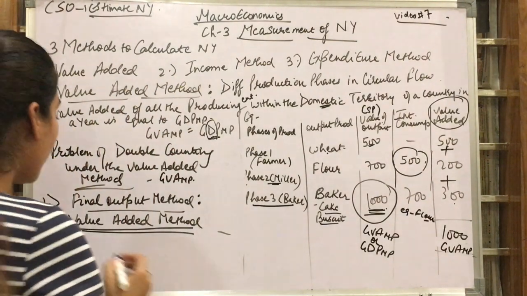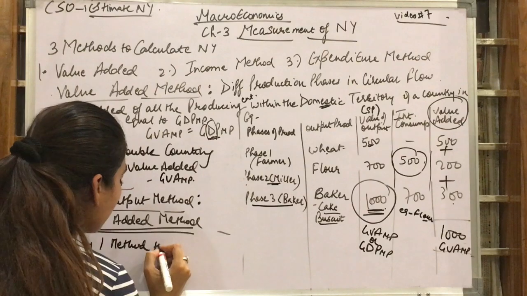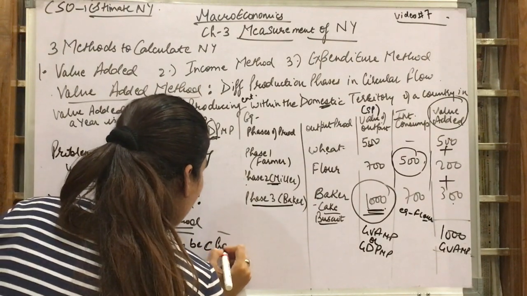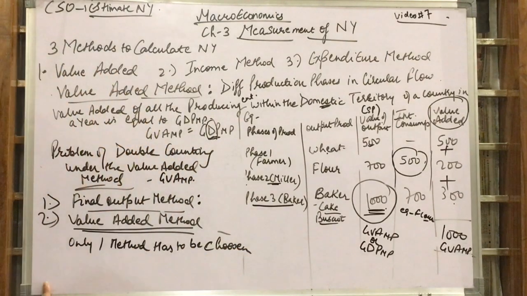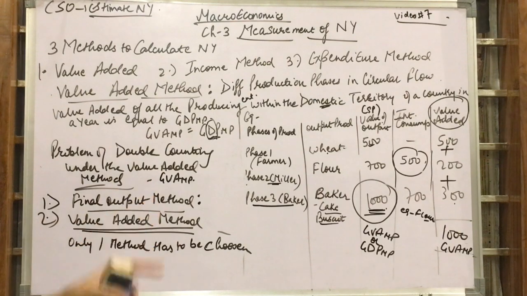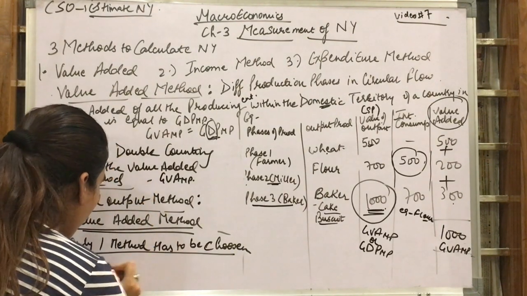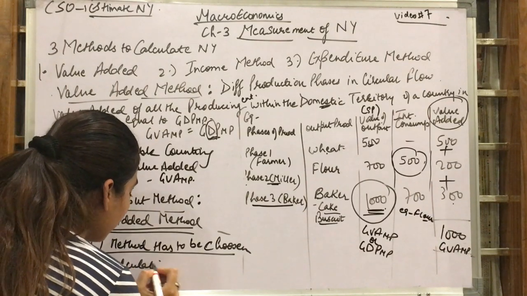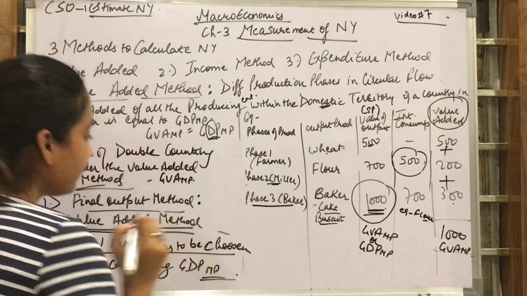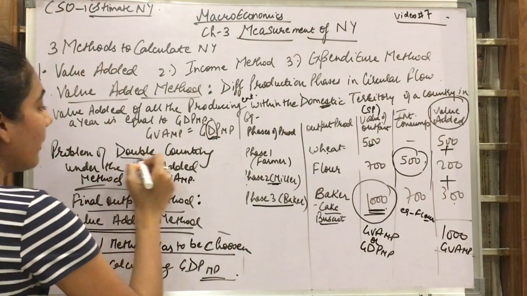Always remember, only one method has to be chosen. You have to choose only one method for calculating the gross value added at the market price, or the gross domestic product at the market price. You cannot do it by both methods, otherwise there is a problem of double counting.